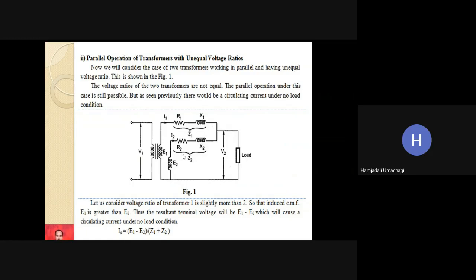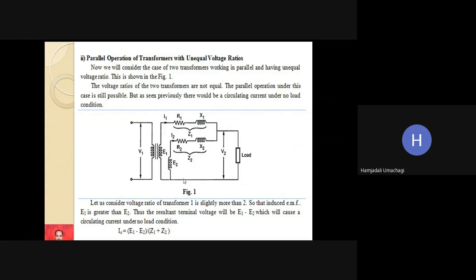Even though you don't connect any load, the mismatch in the induced EMFs will cause circulating current IC to flow through this loop.